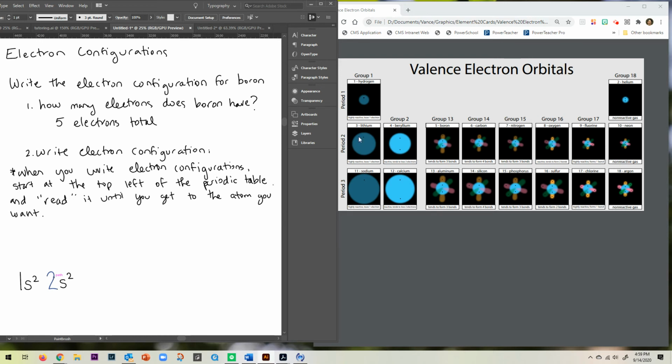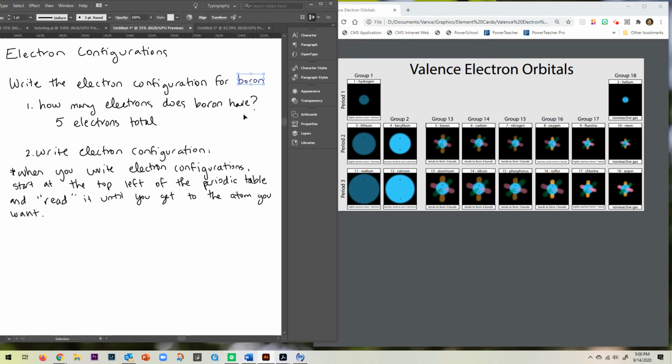So look, I'm in the second energy level still, so I'm going to write 2. But now I'm in the p orbitals, so let me write p. And there's only 1 electron in the p orbital. And that's it. That's boron. So I would just write 1. So this is the electron configuration for boron. We are done. That's all, right? So hopefully that makes sense. Let's do another example.